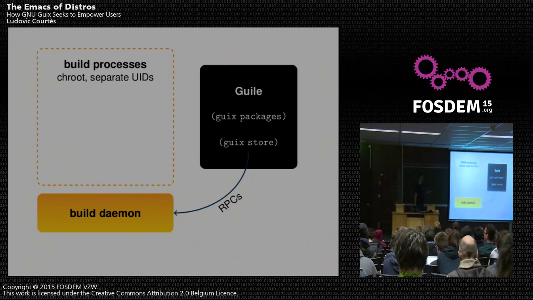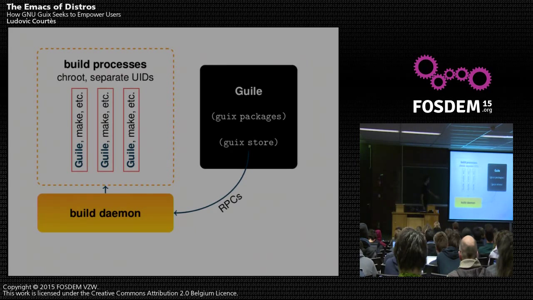When you build software on your machine, you're just talking to that daemon, and the daemon itself creates those containers. Inside those containers, we also use Guile, the scheme implementation, to write all these scripts to actually build packages.